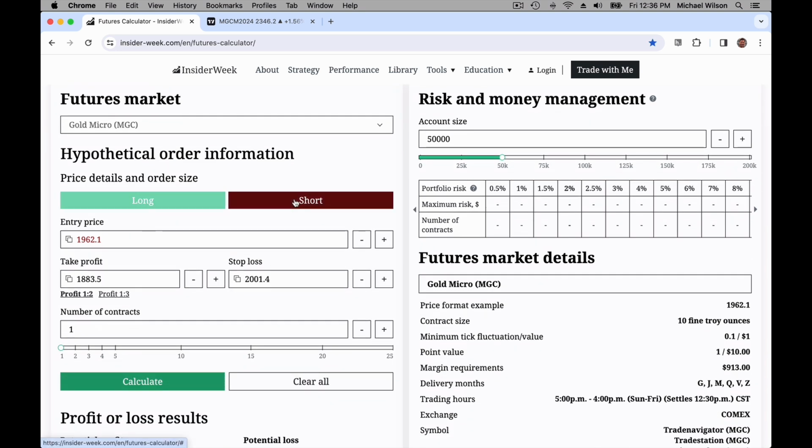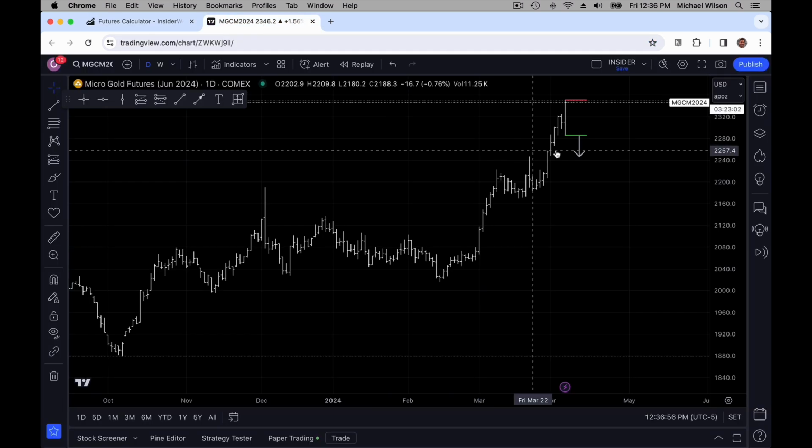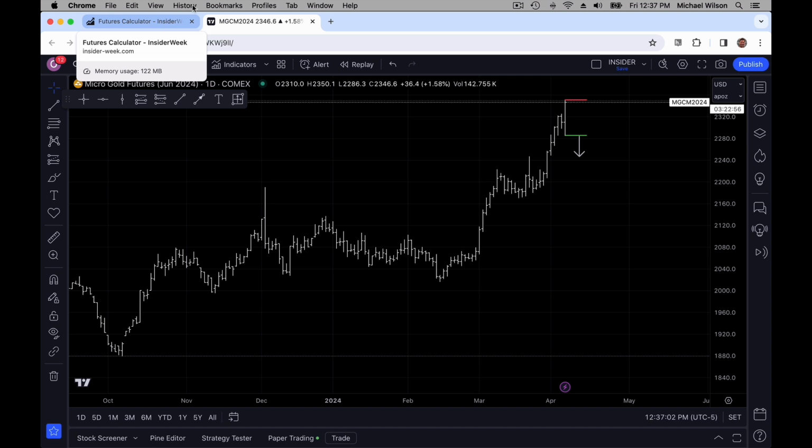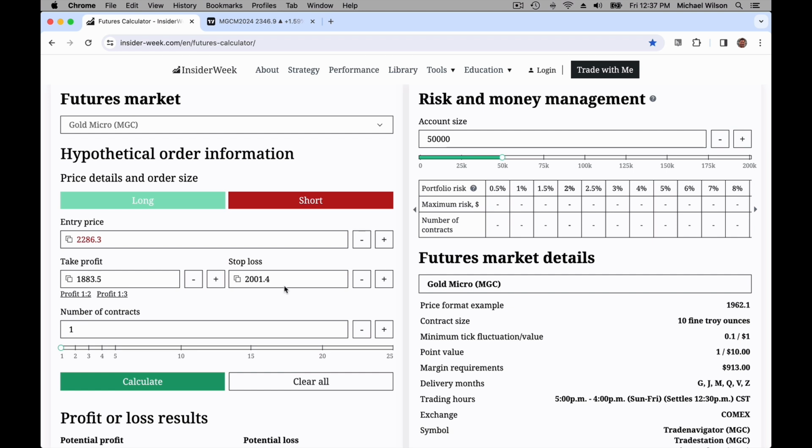I'm going to go short, so I'm going to select that, and I'm going to put that entry price in there, 2286.3. Now I also want to determine my stop loss, and that's up here at the top. That's the daily high of today's candle, and that value is 2350.0. So 2350.0. I'm going to go ahead and put that in here.